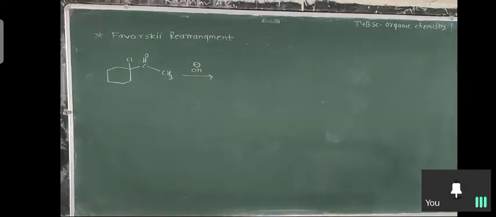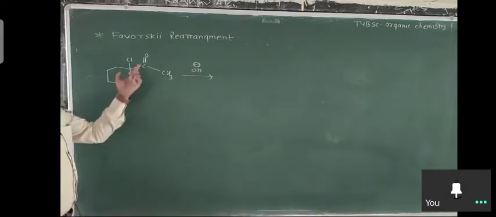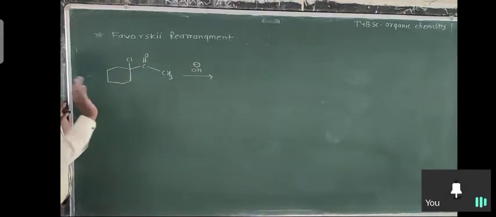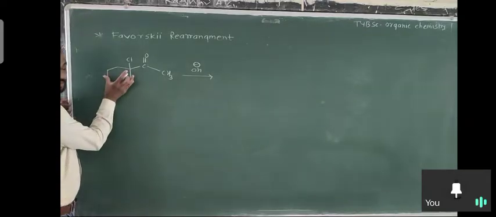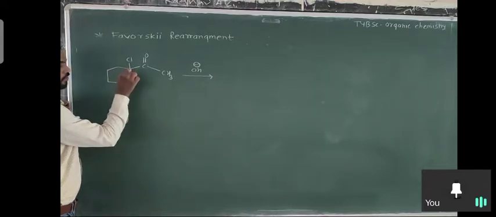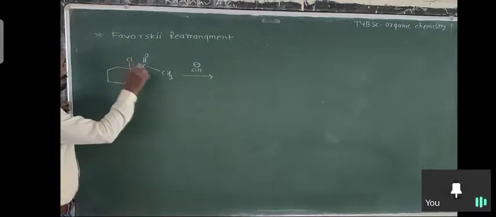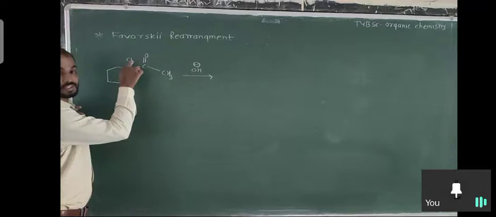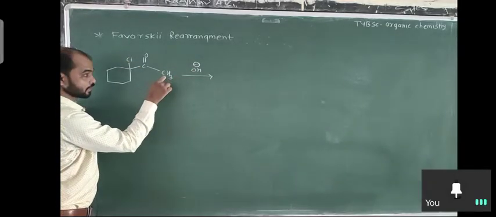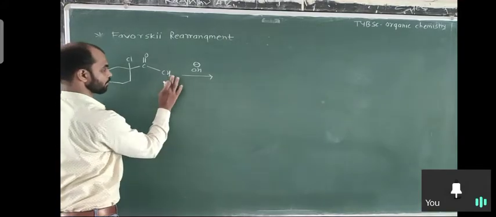Okay, another example, it is a different example. Here it is not a cyclic ketone, it is an unsymmetrical ketone, cyclohexyl ring and CH3, both are different. This alpha position has the Cl. So this alpha position having the Cl means the base abstracts the proton from this alpha position. So what is the first step?